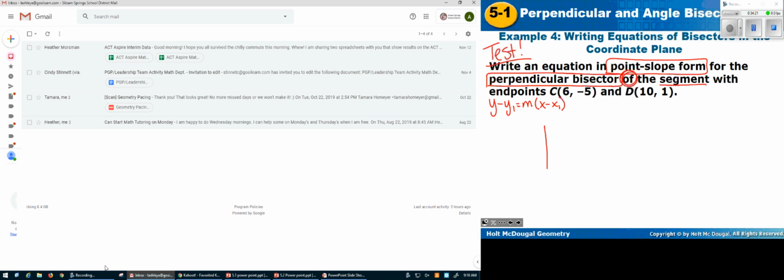So if you go to your graph paper, you can graph those 2 points. So graph your line segment.